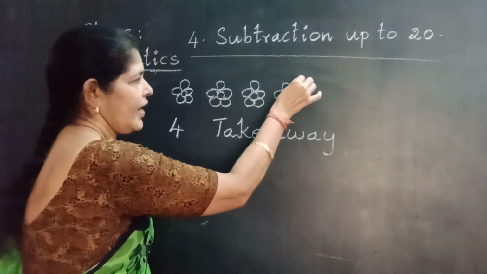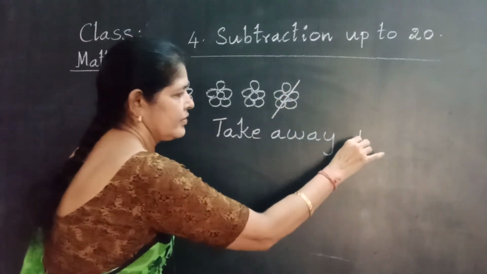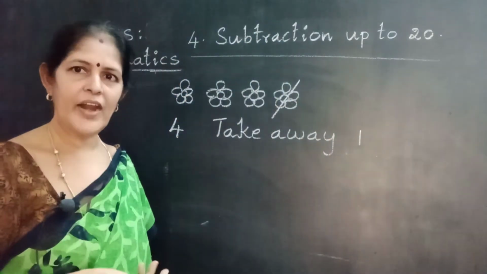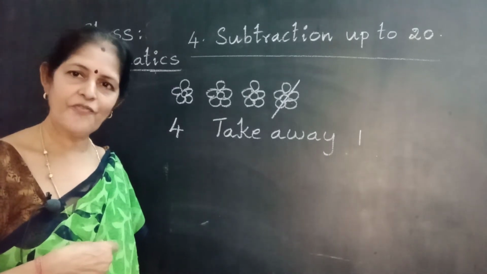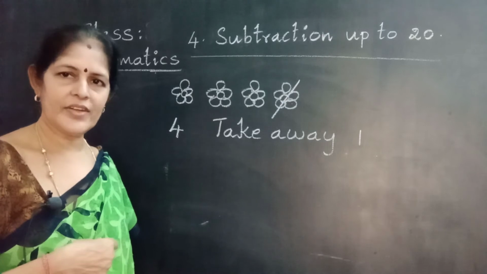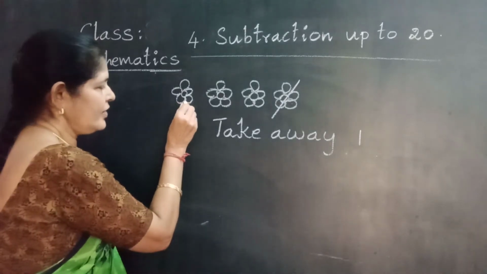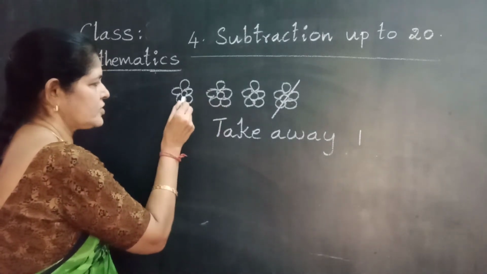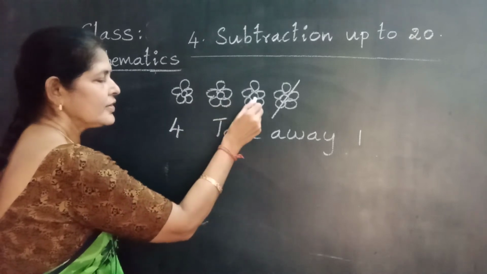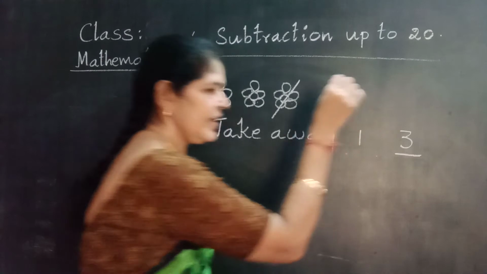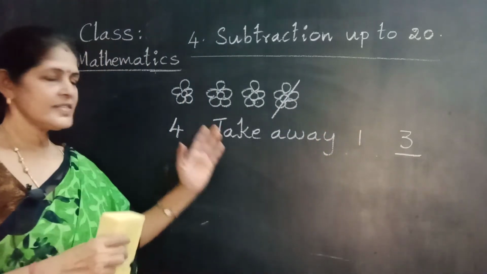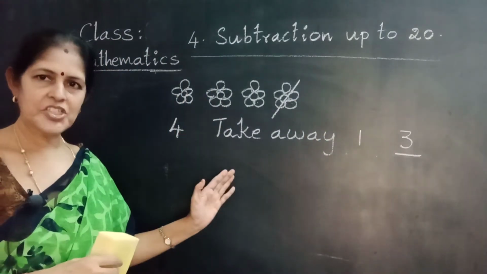L-E-F-T. Let us count. 1, 2, 3. How many flowers do I have? 3 flowers. This is called subtraction.